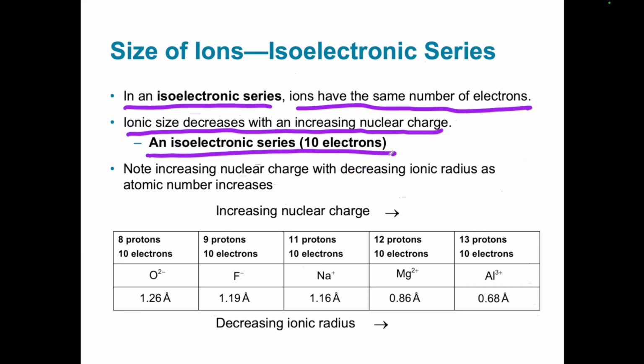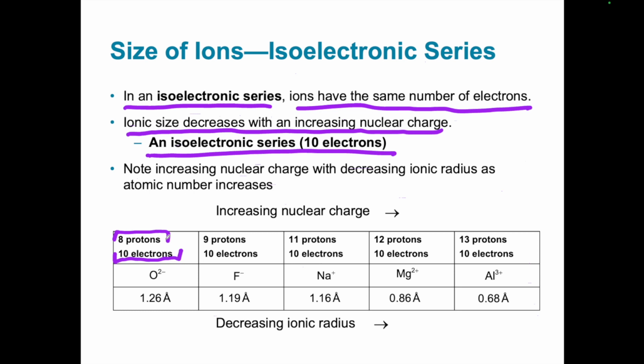Here's the example right here. There are 10 electrons for oxygen, but it has 8 protons. It's isoelectronic with neon, because neon is the noble gas.